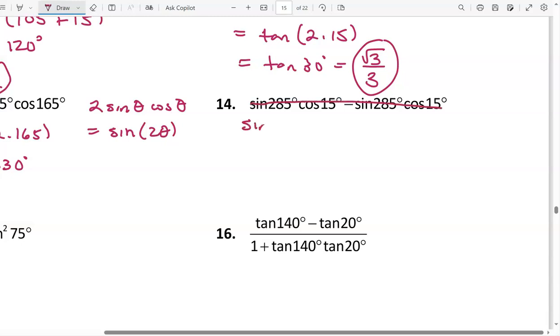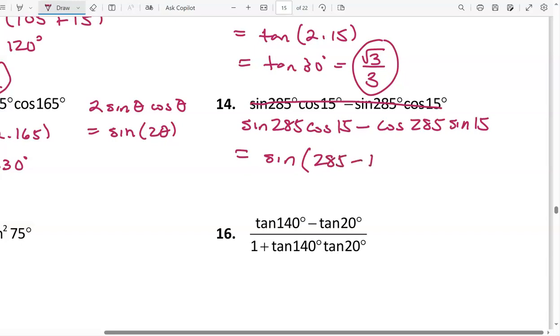It should be sine of 285 times the cosine of 15 minus the cosine of 285 times the sine of 15. Now it's not 0 anymore. And that's a sine A cosine B minus cosine A sine B, which is equal to the sine of A minus B. And that's the sine of 270 degrees, which is -1.